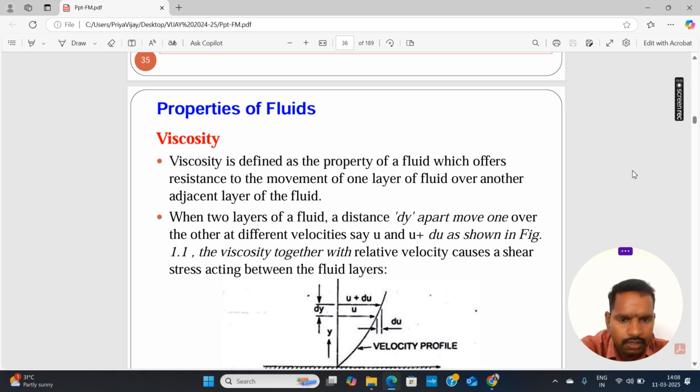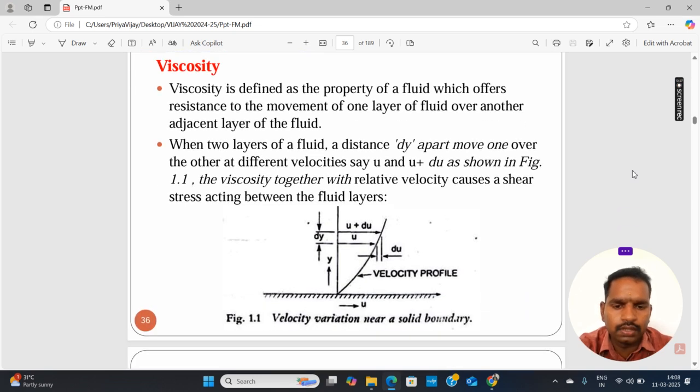The higher moving layer will try to attract the lower moving layer, and the lower moving layer will try to attract the faster moving layer. When there is an intermolecular force of attraction between the two layers, viscosity exists. The movement of the fluid gets resisted. That is what we call viscosity.